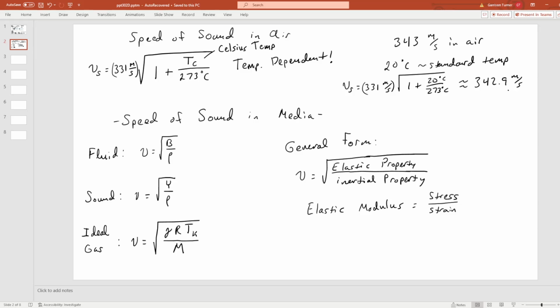And for most cases, we just round that up to 343. The 331 is obviously the speed of sound you would get for 0 degrees Celsius, or at the freezing point of water, right?